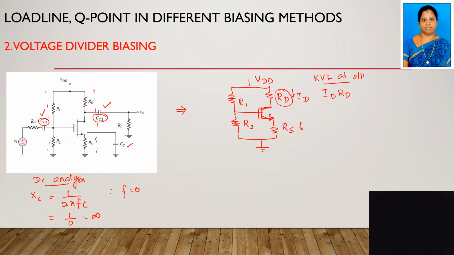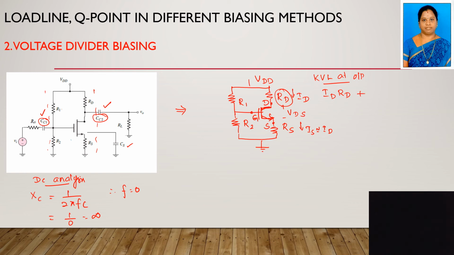The current flowing through RS is IS. IS is approximately equal to ID only, right? So what is the voltage across here? This is the drain terminal, this is your source terminal, and this is the gate terminal. So the voltage across drain and source is nothing but the VDS.